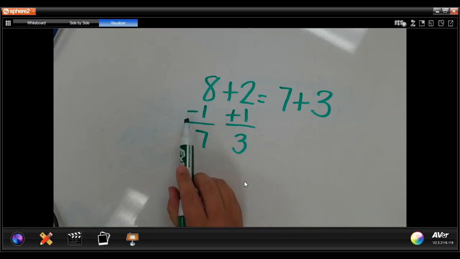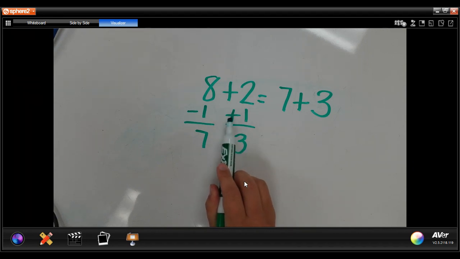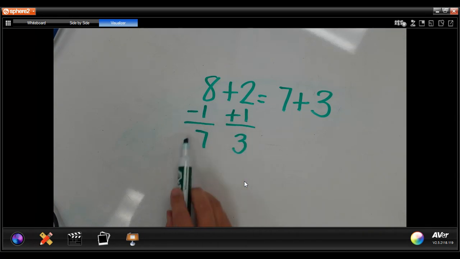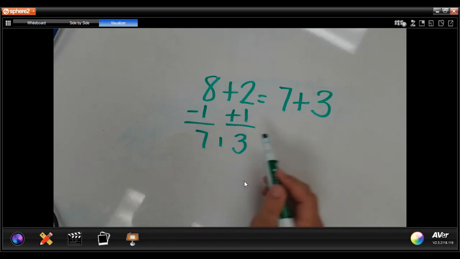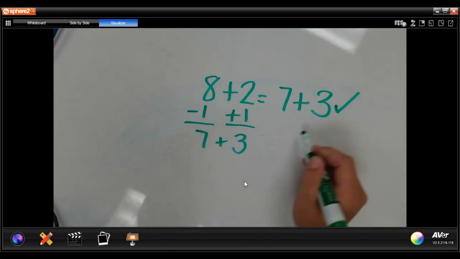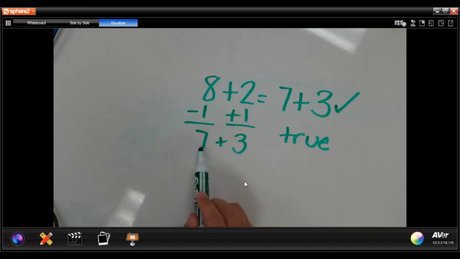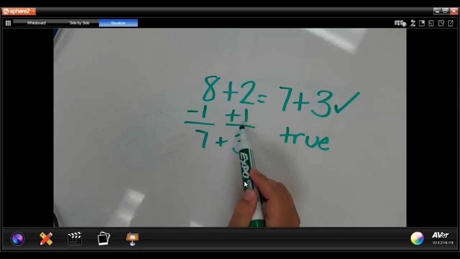For addition, when I subtract on one side and add the same number on the other side, I know these equations are balanced because I get the same equation below. So yes, this equation is true, because 8 minus 1 gives me 7 and 2 plus 1 gives me 3.